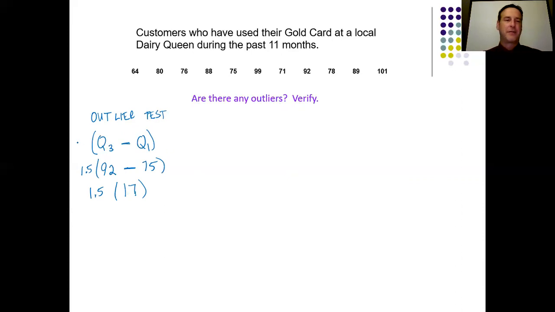It's just part of the formula. You'll never put a 2 or 1.75 here. It's always 1.5. So you multiply 1.5 by 17, and you get 25.5.